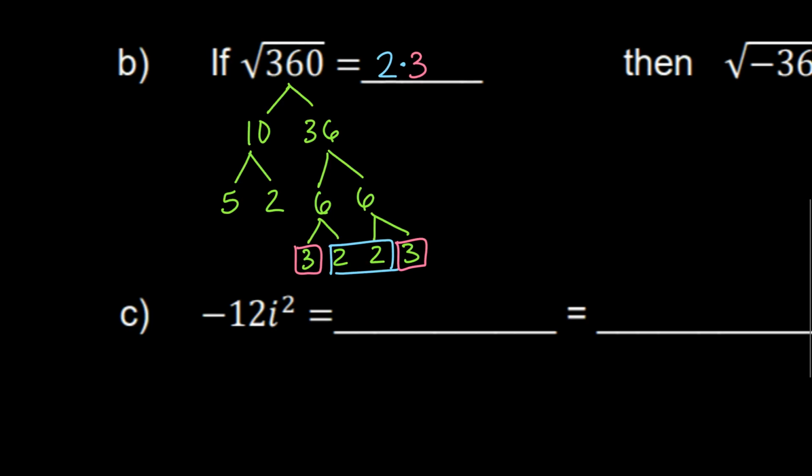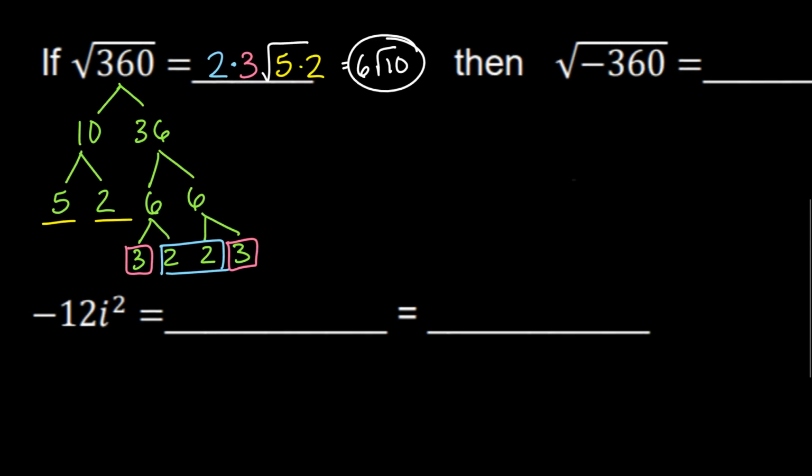And what are our leftovers? 5 and 2. Where am I going to write those? Inside my square root. So what does this simplify to? Wonderful. Can we simplify that by dividing it by 2? No, you can't. It has to stay like that.